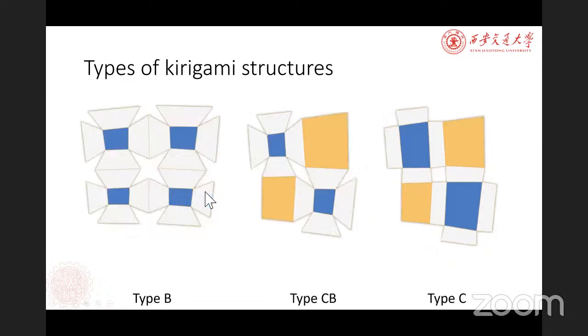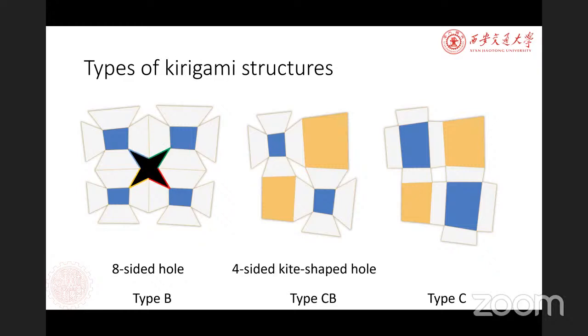So if we compare these three types, we can find out they have different holes when flattened on the plane. So type B has 8-sided holes, and there are 4 pairs of equal edge lengths. And type CB has 4-sided kite shapes with 2 pairs of equal edge lengths. And type C has the strongest constraint.